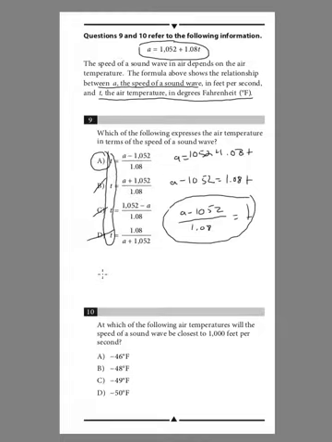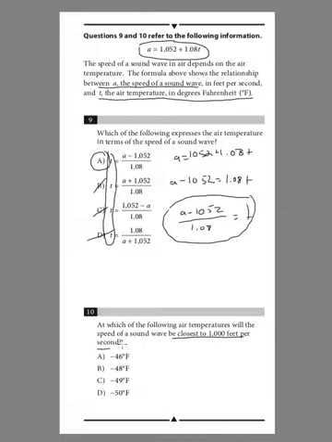Be careful, and make sure you're still taking this information into account when solving this question. Once you see this little line, you can forget about the information above, but it's always good to remember what you're doing. It says, at which of the following air temperatures will the speed of a sound wave be closest to 1,000 feet per second?